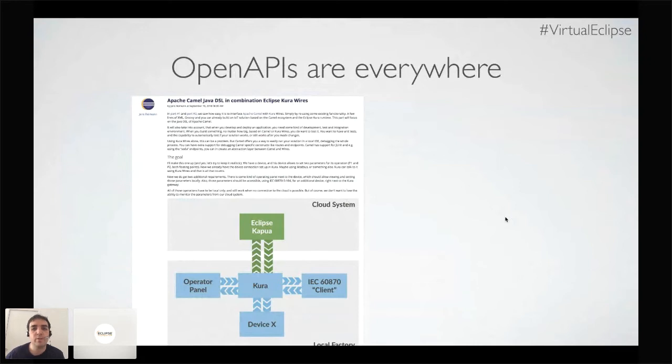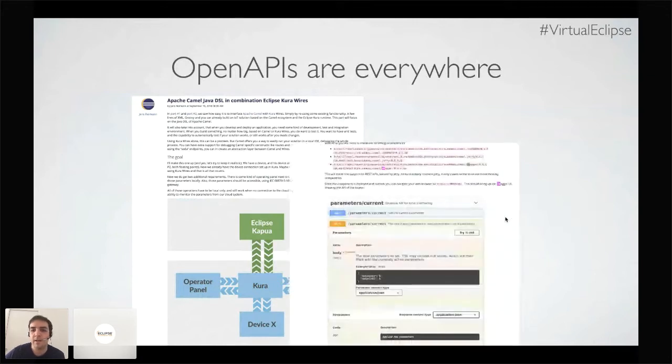And this is a news from Eclipse Kura. I'm really not using that because I'm not in this IoT space. But then in the middle of the article, I noticed, oh, now I see they also use OpenAPI to describe the API that you can use somehow with the IoT devices.